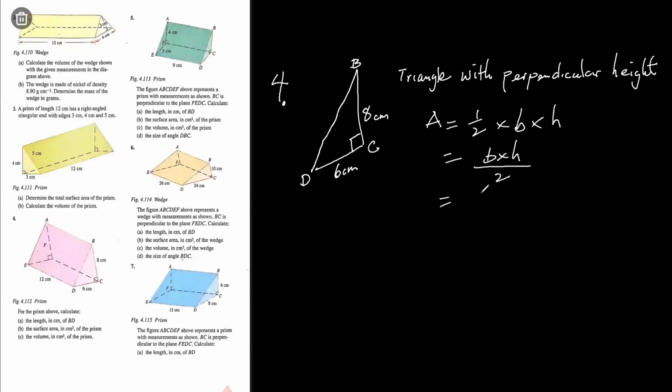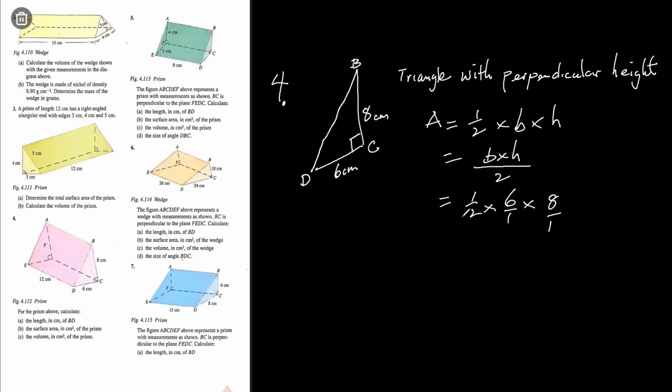So a half of the base is 6, so I already have 3 in my mind. This is how I work it fast. It's just 3 times 8, so that's 24.